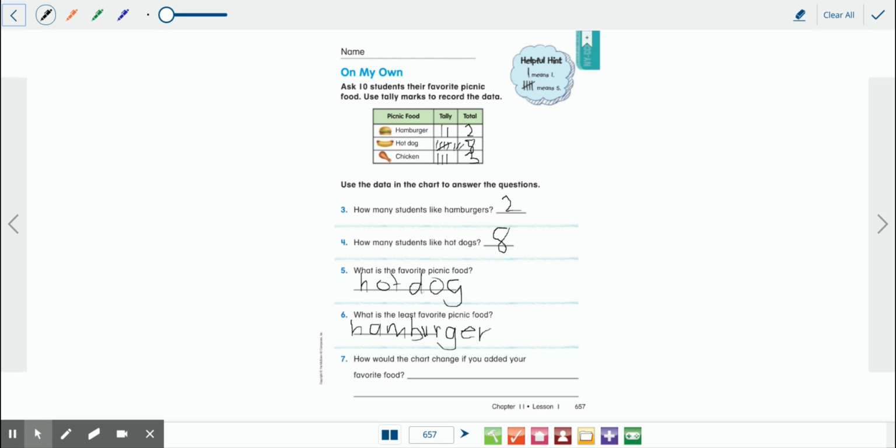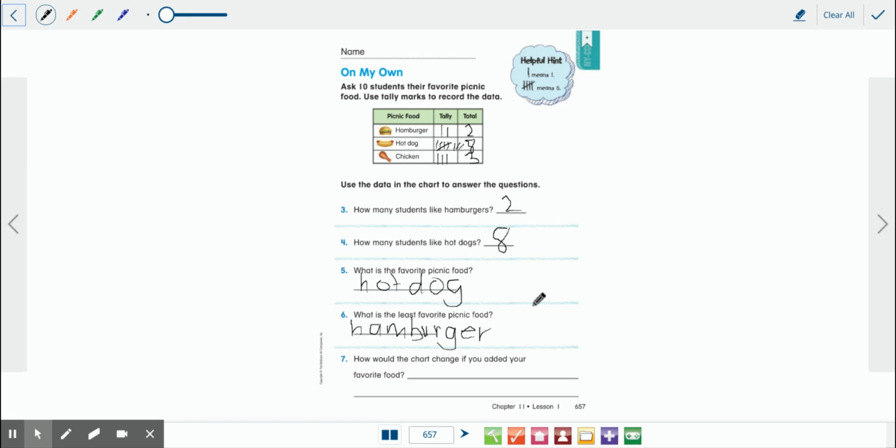Now, how would the chart change if you added your favorite food? Could the number of votes, the number of tallies in each food choice be different? Because it could be your favorite food and it could be someone else's favorite food. They may have, out of these 3, chosen hamburger, but if we add your vote, that might be their favorite as well.